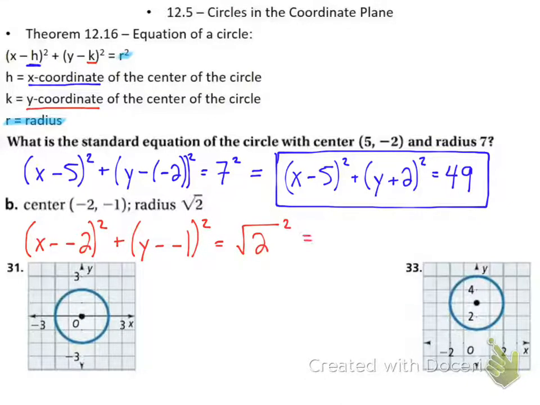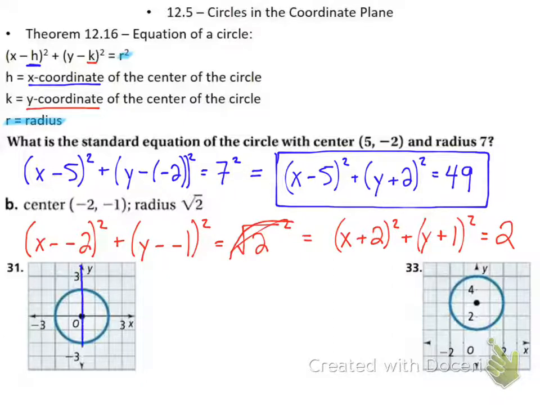So when I simplify that, again, I'm going to go x plus 2 squared plus y plus 1 squared is equal to, and then when I square a square root sign, the square and the square root cancel each other out, and so what I'm left with is just a regular 2. So right over here, the square and the square root cancel each other out, so I'm left with just a 2. Same thing with these last two.